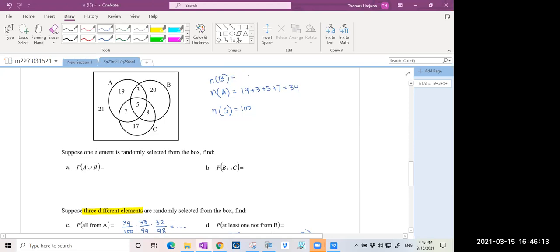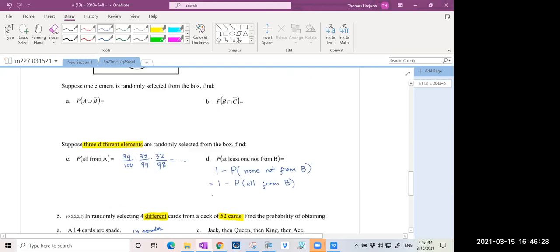That's 20 plus 3 plus 5 plus 8 equals what? 36. That's right. So the probability that all of them are from B will be 36 elements in B over 100 for the first pull.